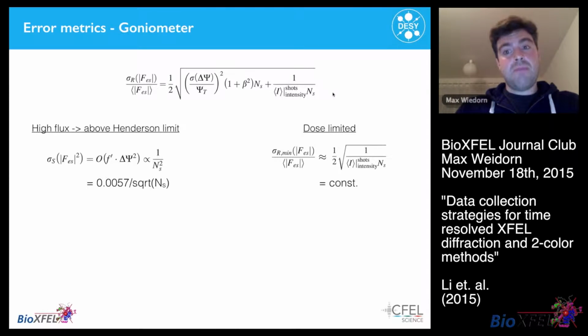And if you stay below the Henderson limit, then your error is pretty much independent of the amount of shots that you take, because it doesn't matter how far you rotate your crystal, you'll always have the same crystal again.